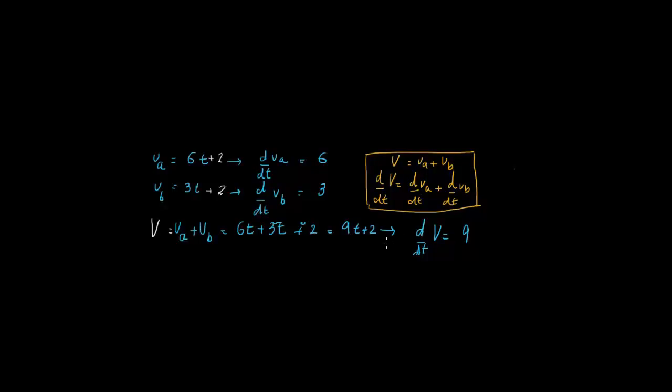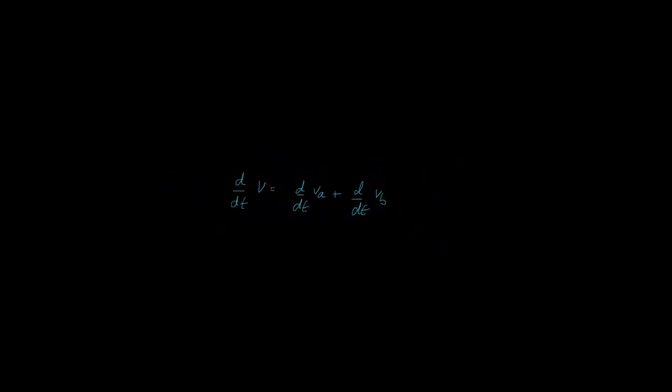So what do we see here? We see the rate of change of total volume, which is 9, is equal to the rate of change of volume due to just tap A, plus the rate of change of volume due to just tap B. So although I showed you the derivative of the sum of two functions, in this case the two functions that make up V, capital V, are VA and VB.